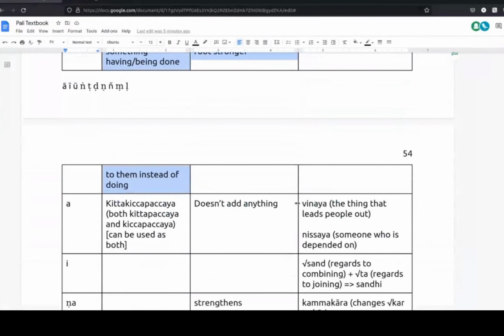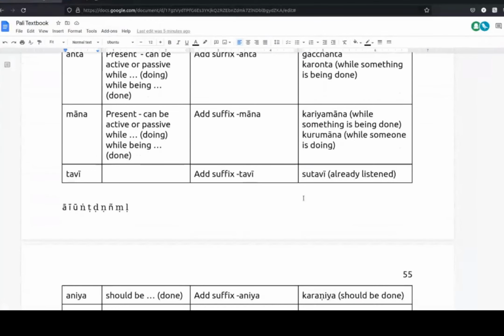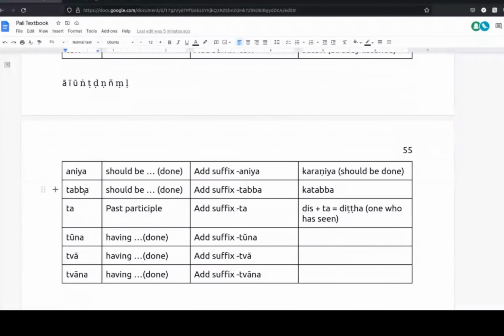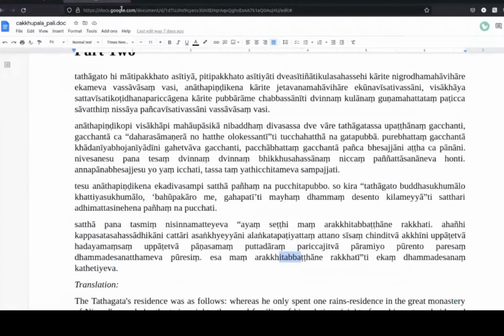Let's look up taba. Here we are. And you have kataba here. So if you add taba at the end, something that should be, just one of the many endings, you've added that onto the root. And this means something that should be protected.